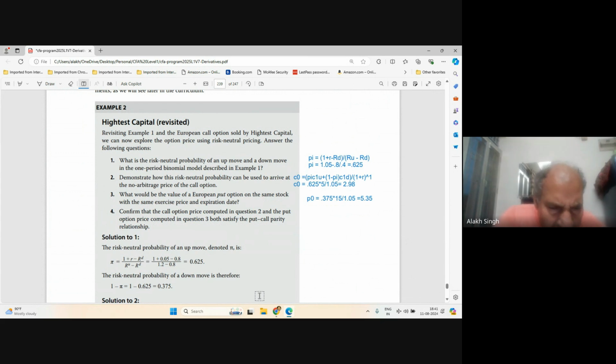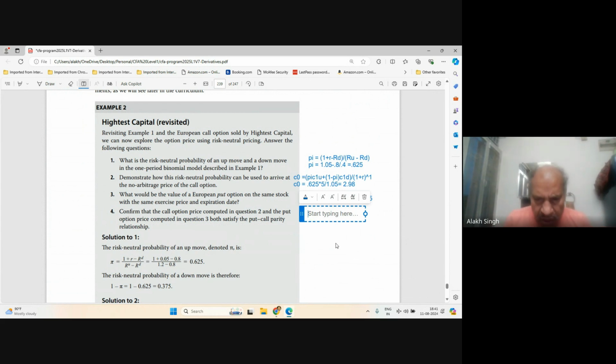And confirm that the call option price computed in question 2 and the put price both justify the put-call parity. If we match the answer, then we know that we can calculate. So let's confirm ourselves. P0 plus S0.